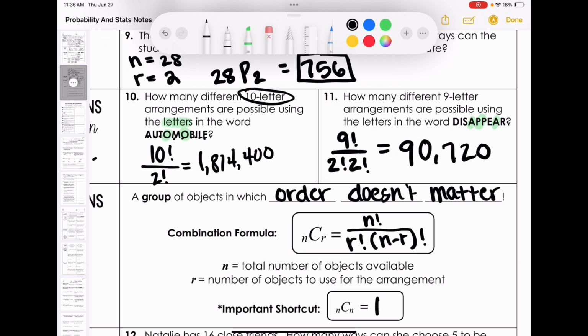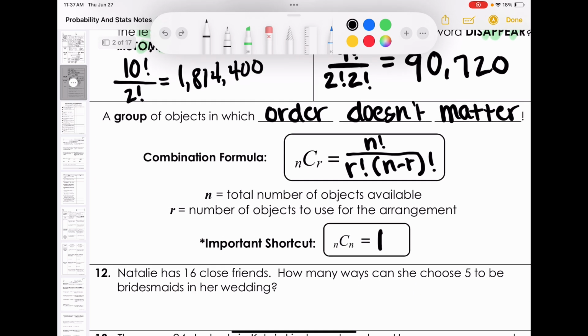All right, so N still represents the number of objects available, and R is the number of objects being used for the arrangement. So the same thing that they meant with permutations. And then a shortcut is if you have the same number on both sides of C, your answer is going to be 1.